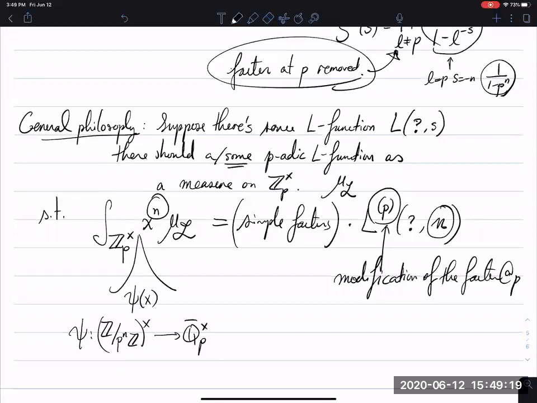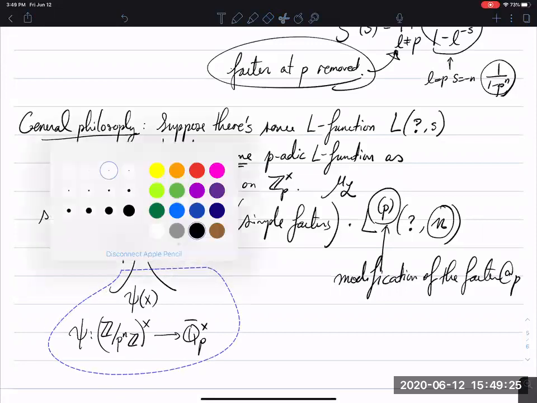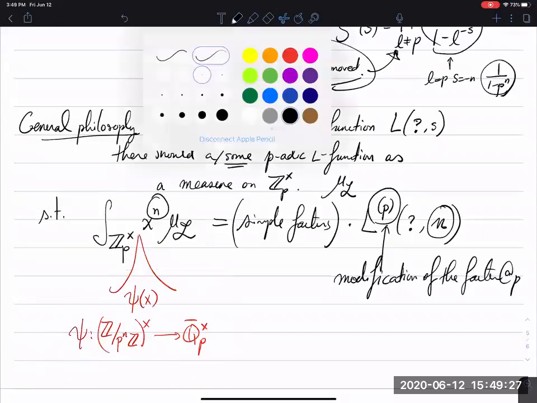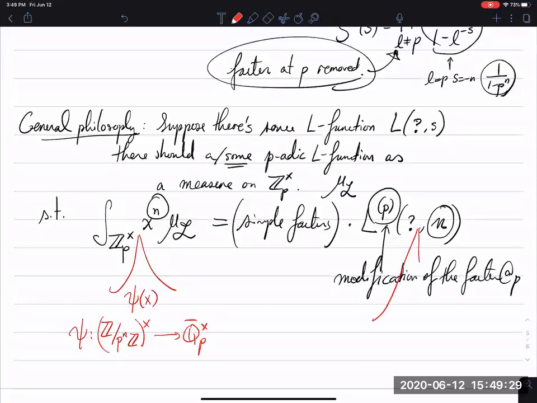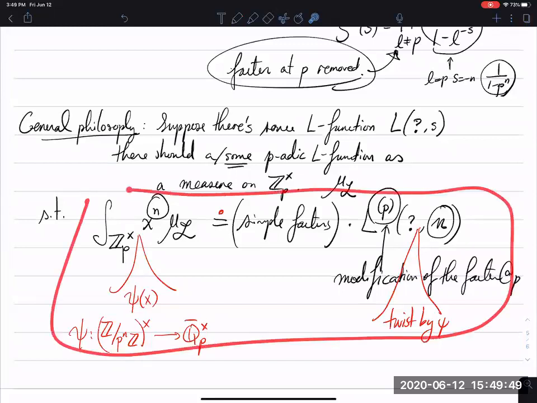You can insert something in here, and that would have the effect of, just one second, let me change it to a different color, that over here you get a twist by psi. These should also be equal. So that's the general philosophy that whenever you have a reasonable L function, there should be an associated p-adic function satisfying this type of properties.